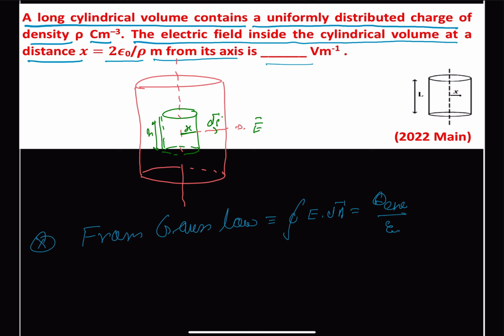We have considered a Gaussian surface of length h and radius x. And here, because the electric field is in the radial direction, only the curved surface of this Gaussian cylinder is going to contribute toward our flux.